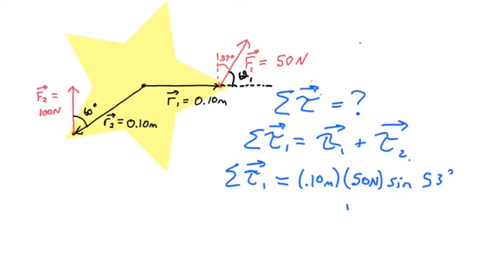All right, and then we're going to add to that the torque caused by force 2. So that would be r2, which is 0.10 meters, times F2, 100 newtons, times the sine of the angle between those. And again, the angle between those isn't given. It looks like it is because that angle goes from the red line to the black line, but the r2 vector really points in this direction.